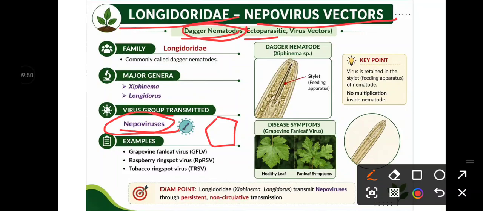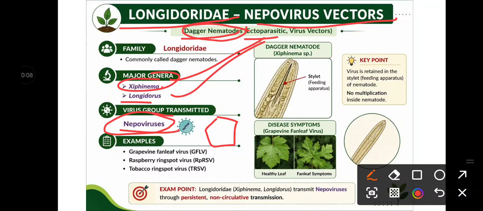The major genera under the Longidoridae family that are reported to transmit Nepoviruses are Xiphinema and Longidorus. Remember the genera also.